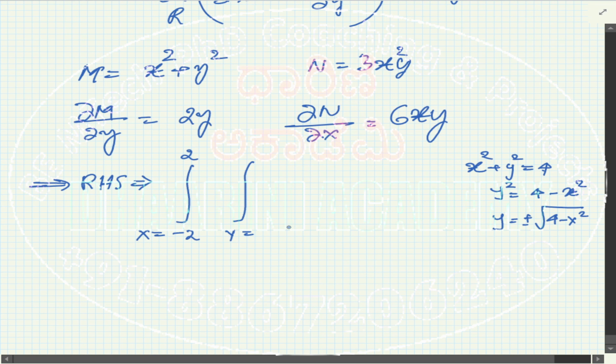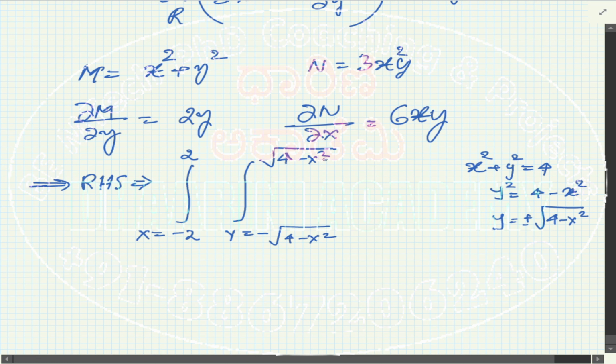So y's minimum value will be minus root of 4 minus x squared, and the maximum value is root of 4 minus x squared. So we identified the limits of our integrations for both x and y.